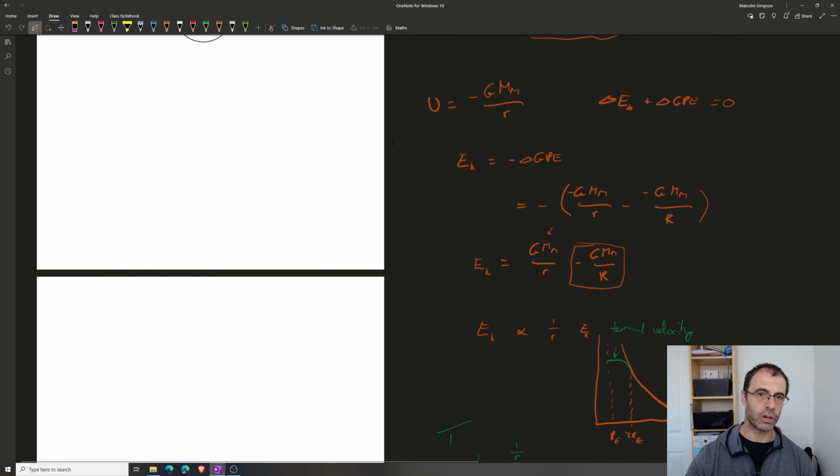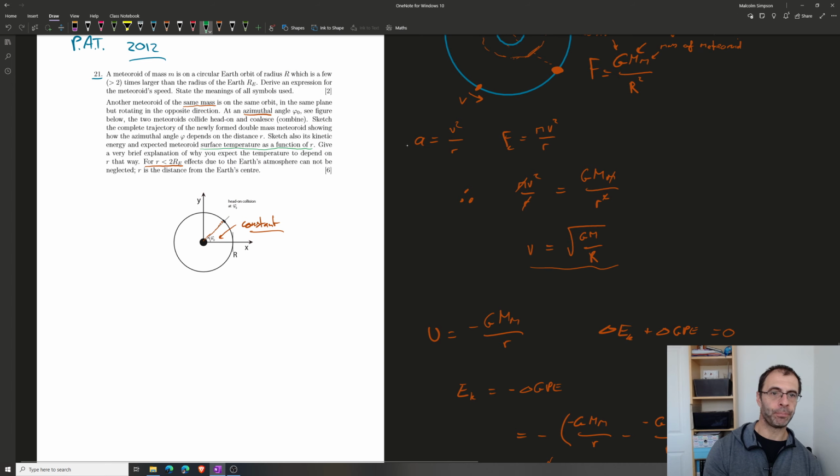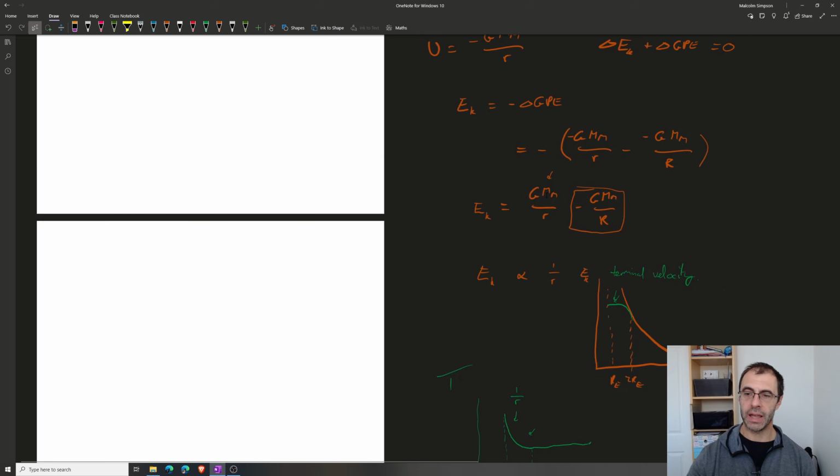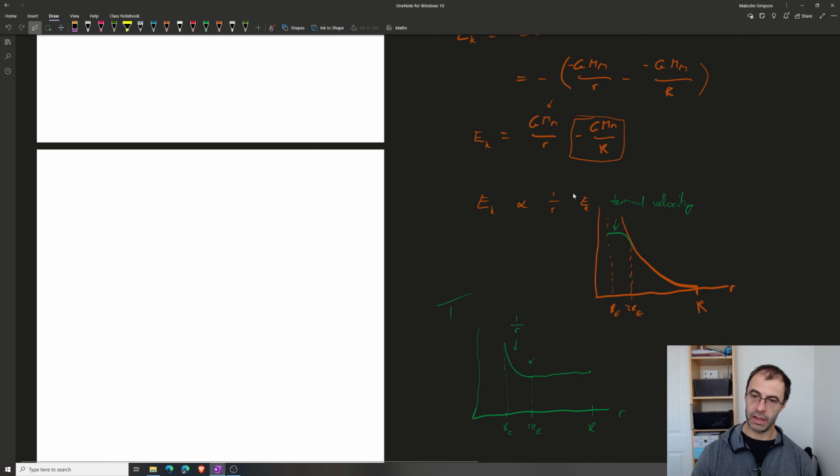So in terms of the question then, give a very brief explanation of why you expect the temperature to depend on R in that way. My explanation is here: no air resistance, so no heating effect.